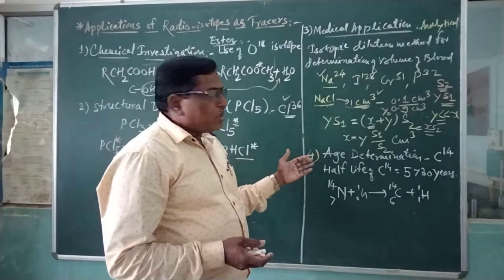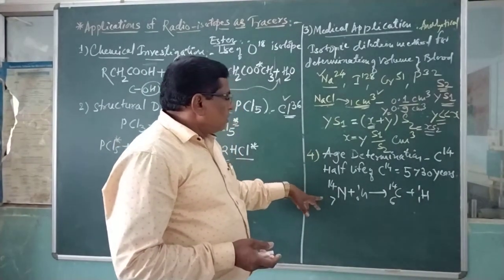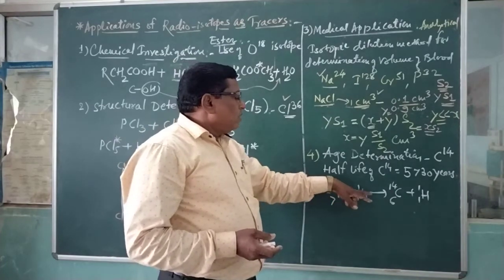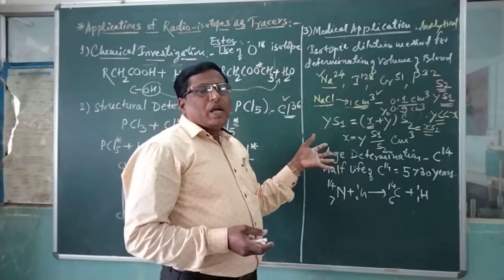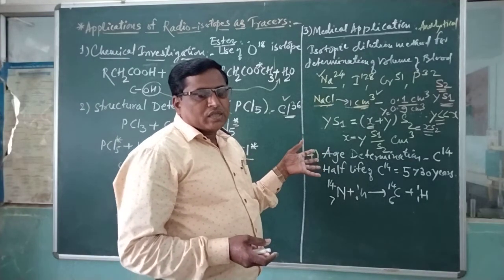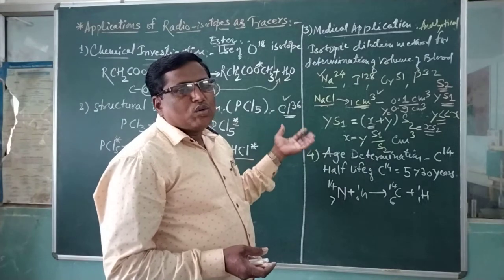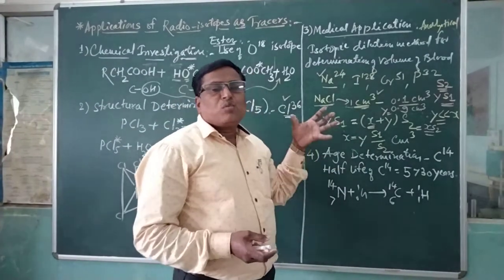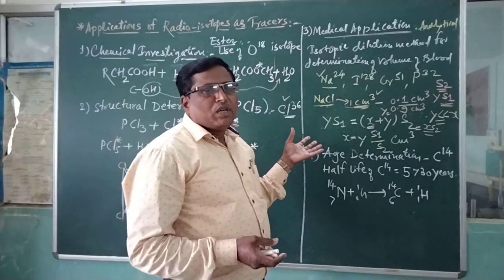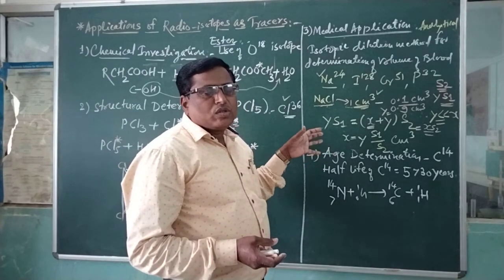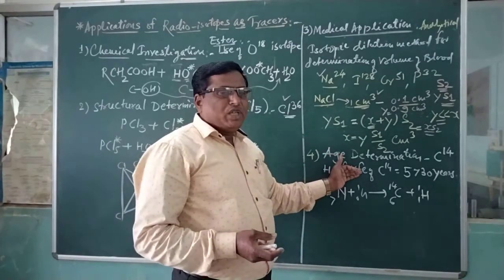In the atmosphere, many reactions occur. Nitrogen 14 plus a neutron gives C14. It goes into plants for the photosynthesis process, as C14 in the form of CO2 gas. This CO2 gas enters photosynthesis and food is prepared. This food is taken by human beings and animals. In this way C14 enters the woods, that is plants and animals.